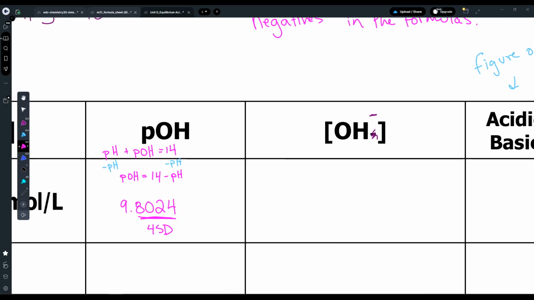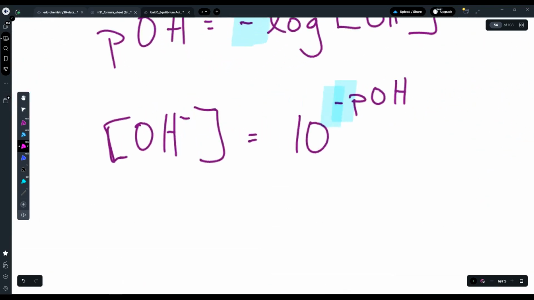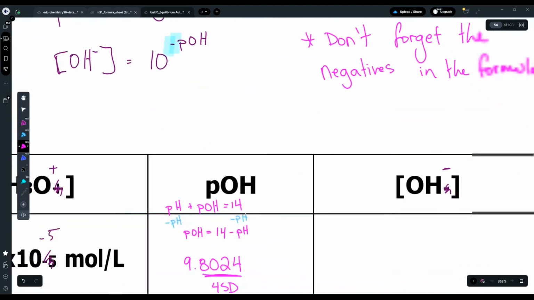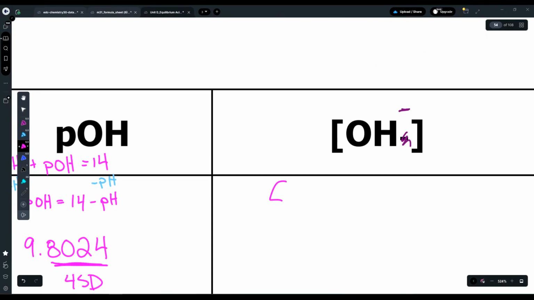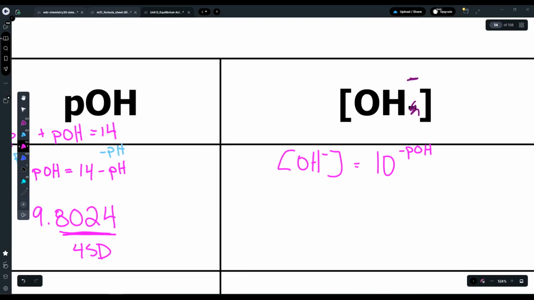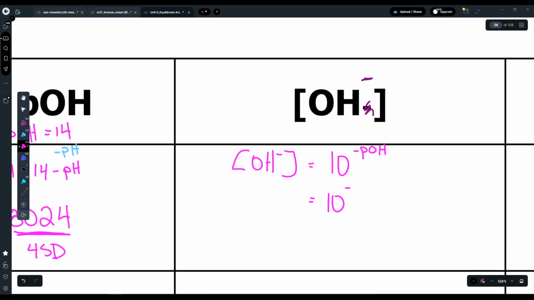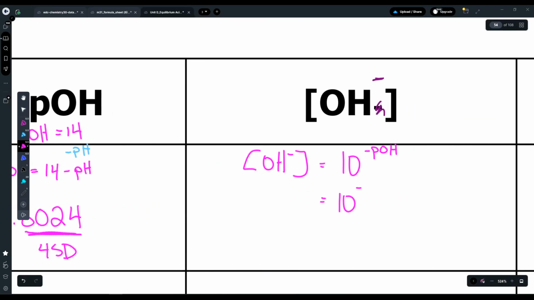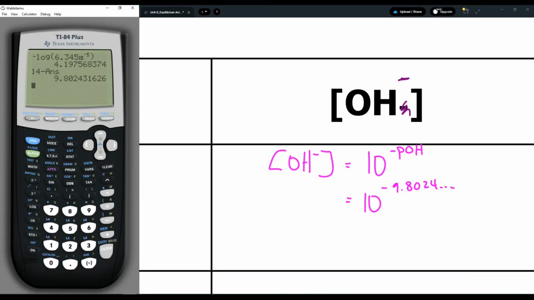Now, since we have pOH, I can use that to determine the concentration of hydroxide ions using this formula here. So I'm going to go 10 to the power of negative 9.8024, and that number kept on going on forever and ever.